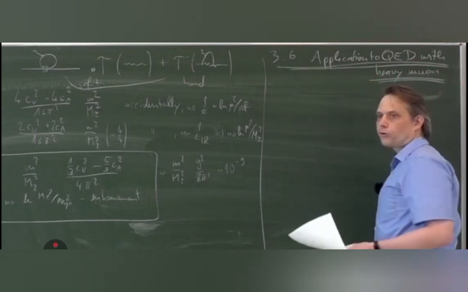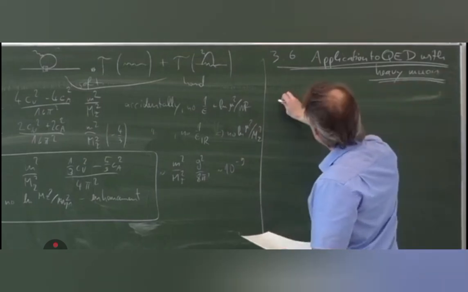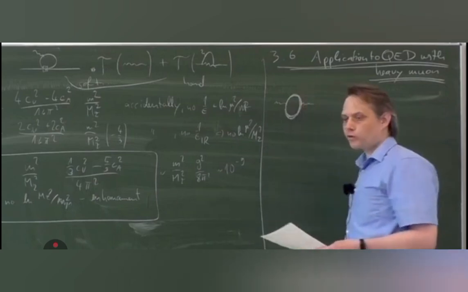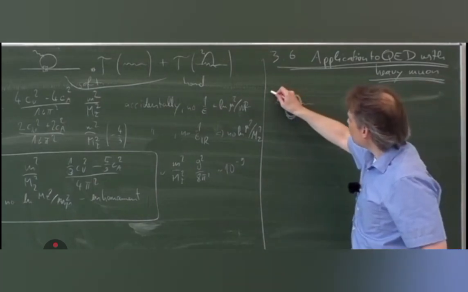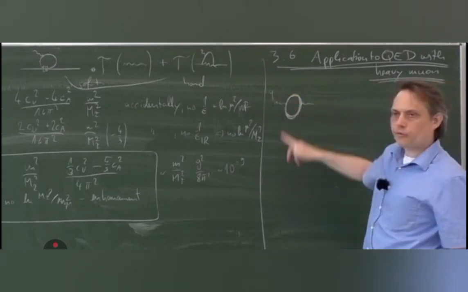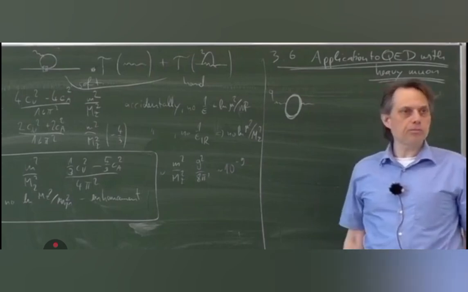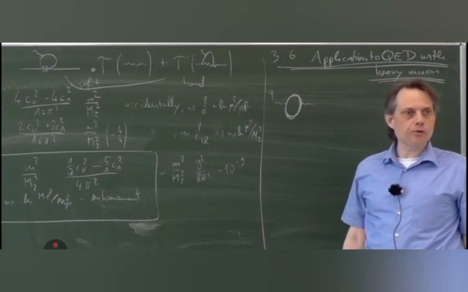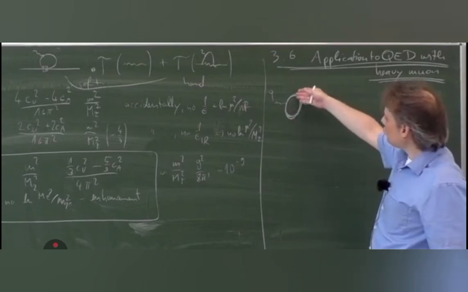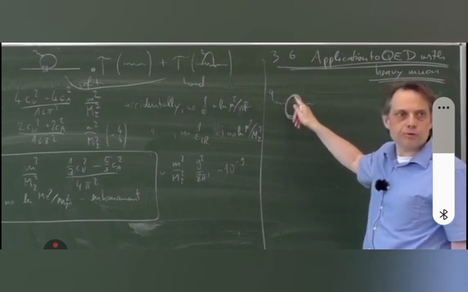The only other diagrams would be loops with a muon but more photons attached to it, like 4 photon, 6 photon and so on.